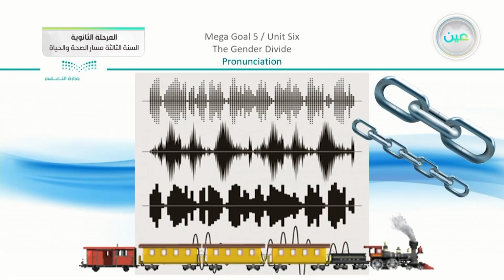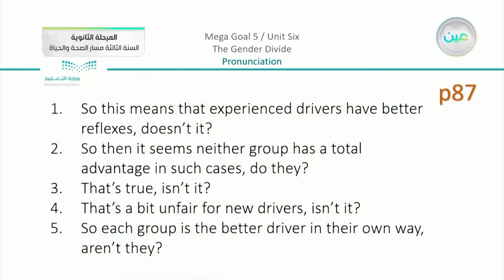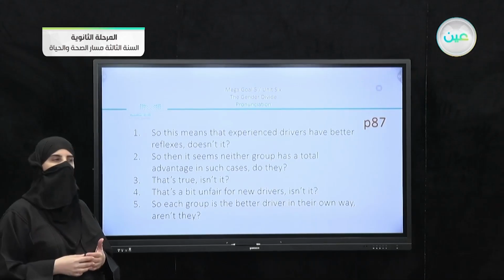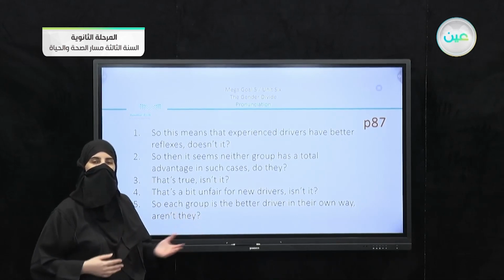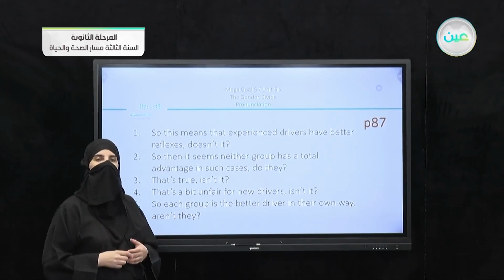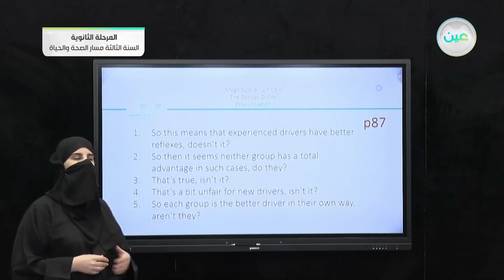So we have all our ideas joined together. We do have our exercise on page number 87. So you are going to practice. We have the sentences from 1 to 5. Just practice the tag questions that we have here, and we are going to practice together in the next lesson, inshallah.